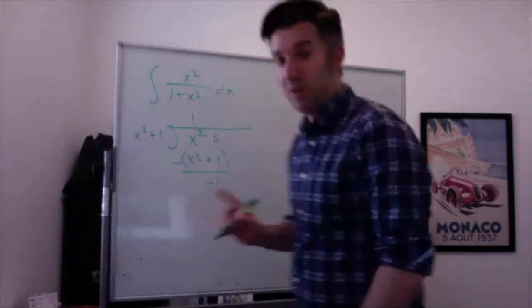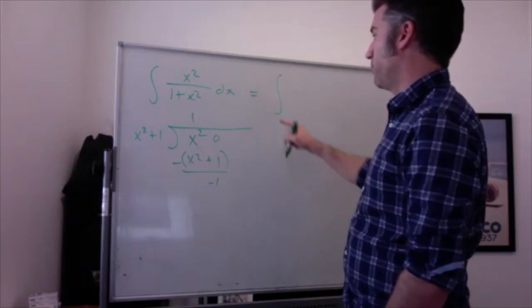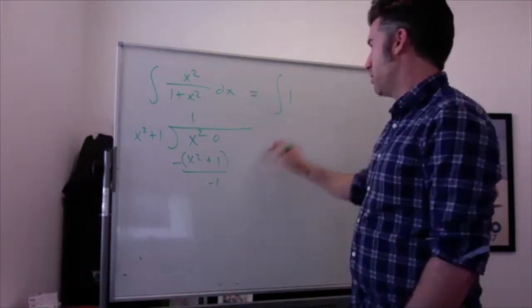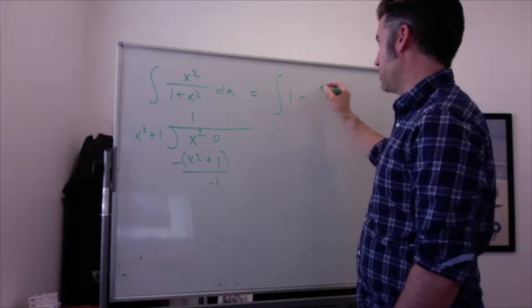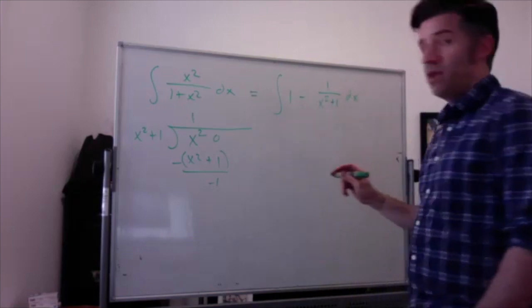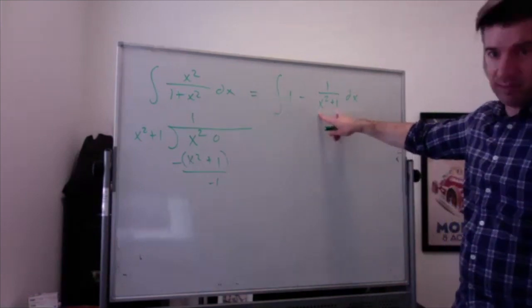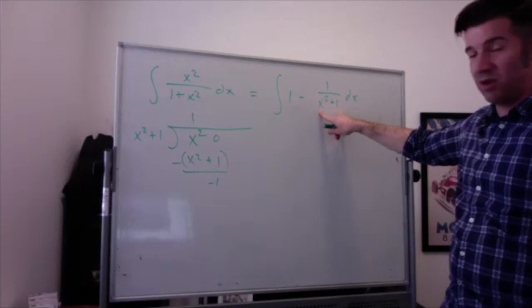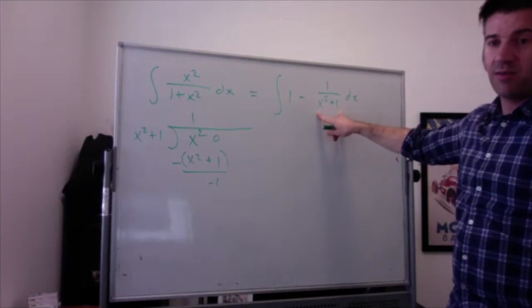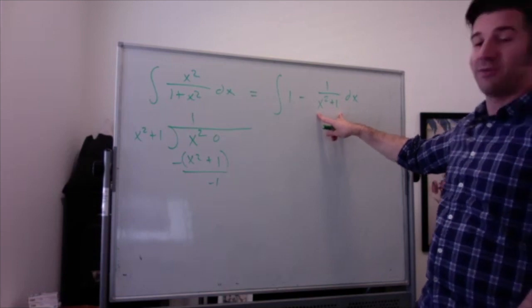So this is equal to the integral of 1 plus negative 1, or minus 1, over x squared plus 1. And although I will fully admit you can sometimes have to use trig substitution, this is a known function whose antiderivative we know.